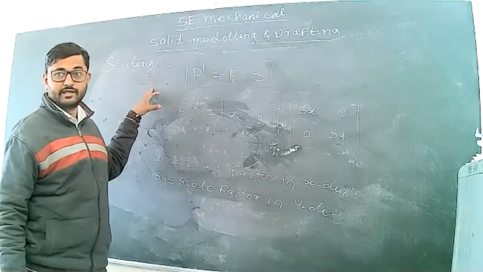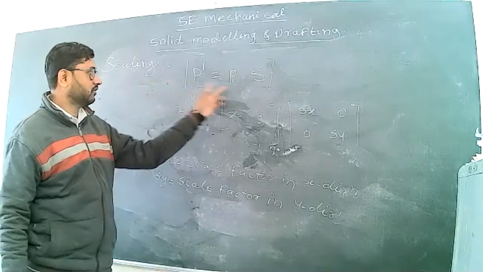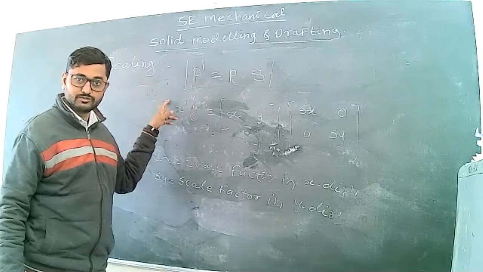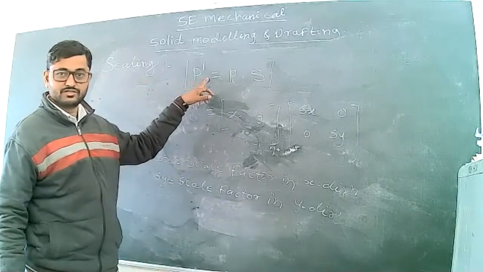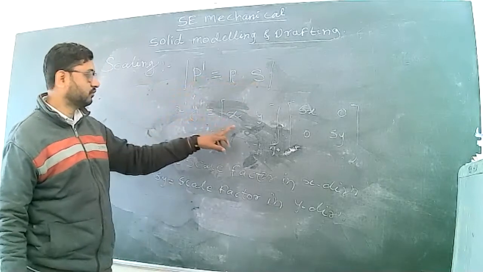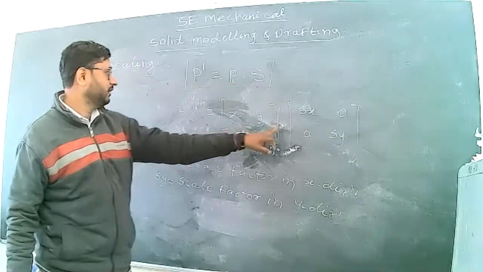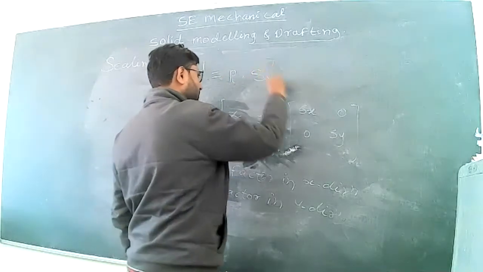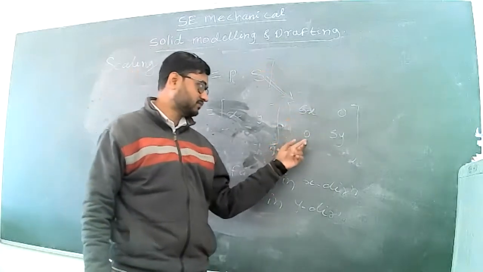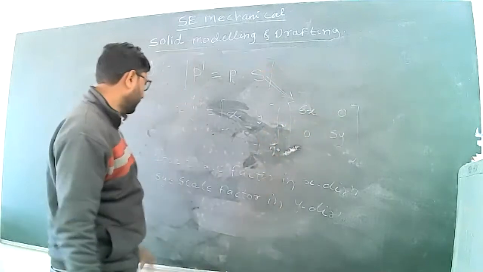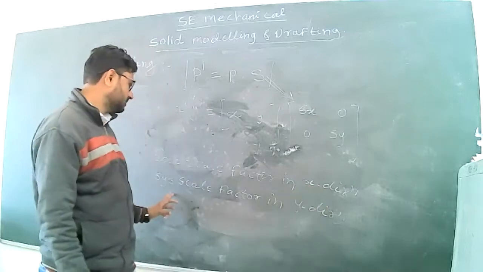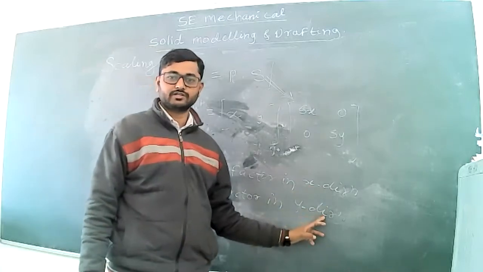So this is the definition of scaling and the important formula used to solve problems on scaling: P dash is equal to P into S, where P dash is x dash y dash, equal to, in matrix form, x y into S. S is the scaling factor, Sx 0 and 0 Sy, where Sx is the scale factor in x direction and Sy is the scale factor in y direction.